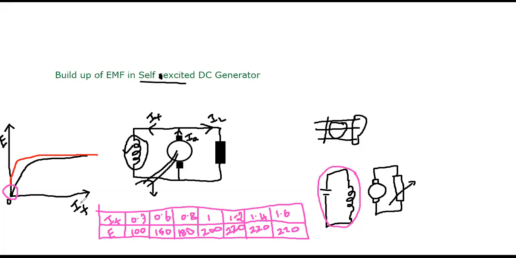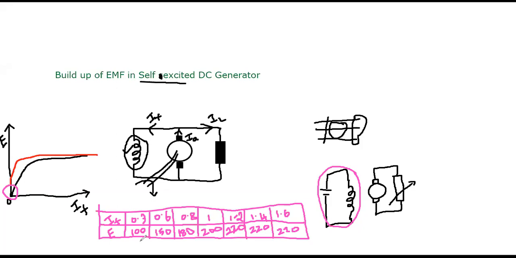Now if you analyze this table, we can see that the IF value is not starting with 0. It is having some residual magnetism in it, starting with 0.3. With this residual magnetism, we are able to produce nearly 40% of the induced EMF in a machine.